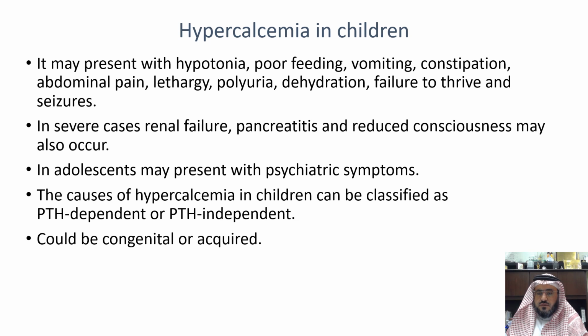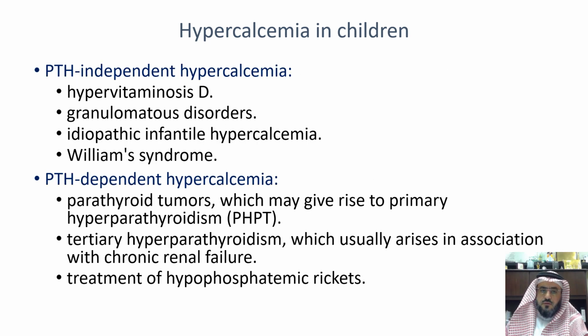Hypercalcemia causes could be divided into two categories: either parathyroid hormone dependent or parathyroid hormone independent hypercalcemia. Parathyroid hormone independent is the commonest category in children; most cases of hypercalcemia in children are parathyroid hormone independent.